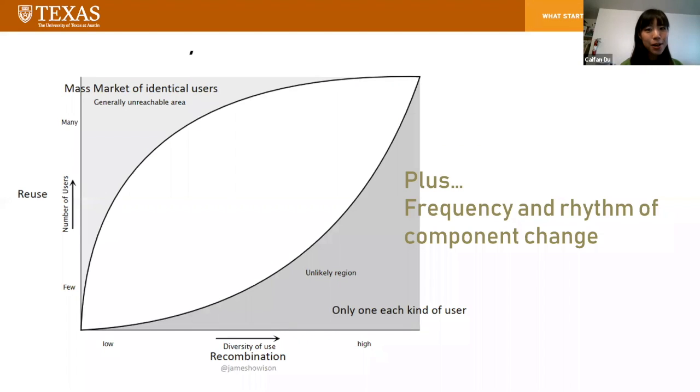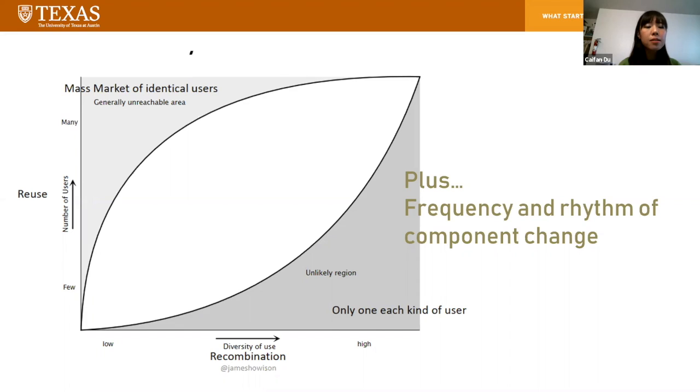Right. Thanks for your question. Yes, because you can see at the upper left, that is when the number of users is high, but it's relatively unlikely that they all use the same kind of software assemblage. That means a mass market of identical users, which is less likely to happen.